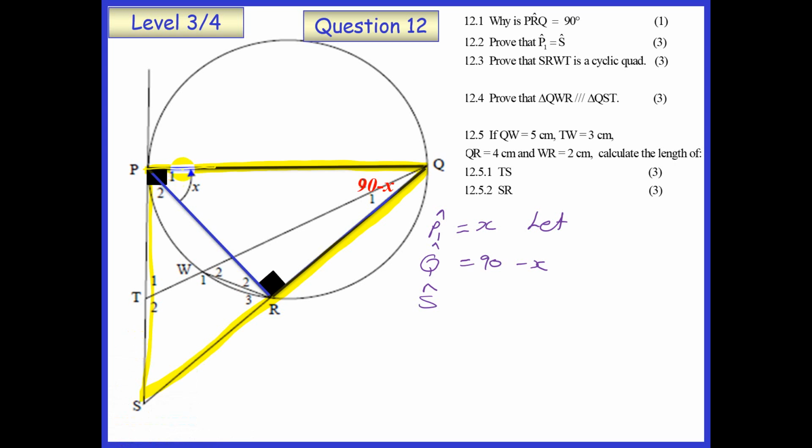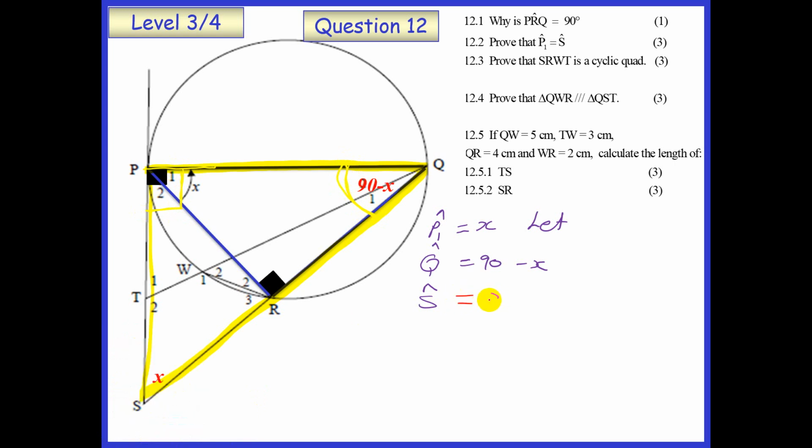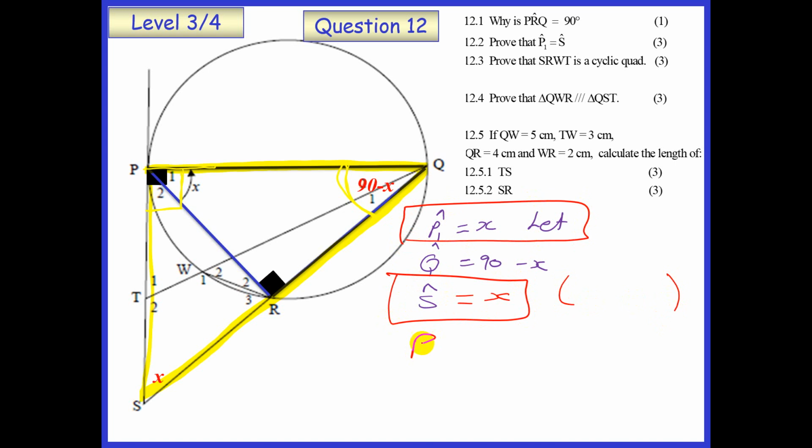You'll notice that the angle here is 90 degrees, and that's 90 minus X. So using sum of angles of a triangle, that angle will turn out to be X. So we can conclude that angle S is equal to X, and once again, that'll be sum of angles of a triangle. And that concludes for us that P1 is actually equal to X, which is actually equal to angle S. And that was the initial question.